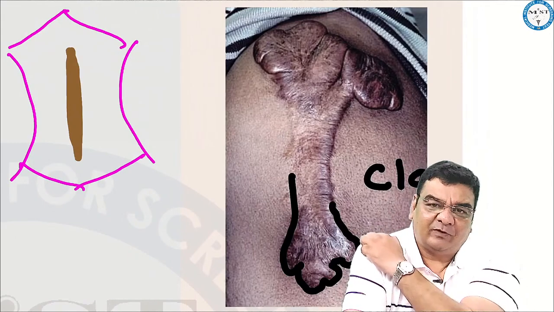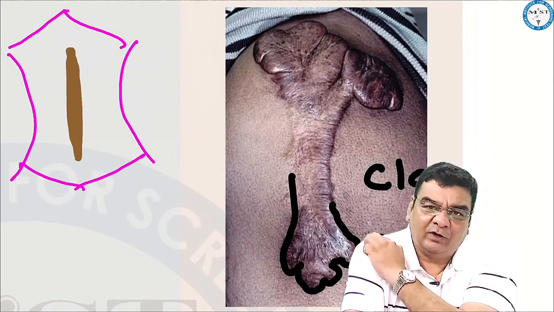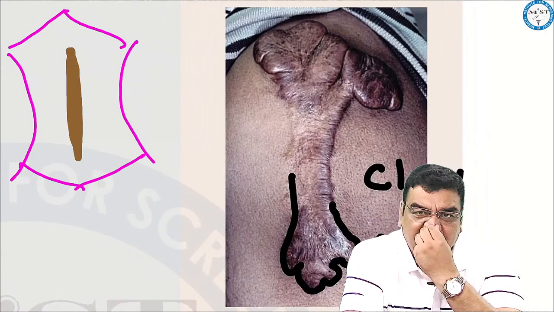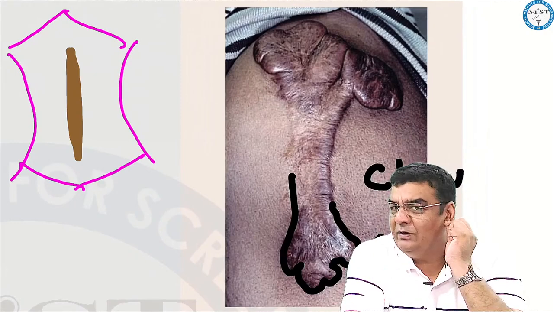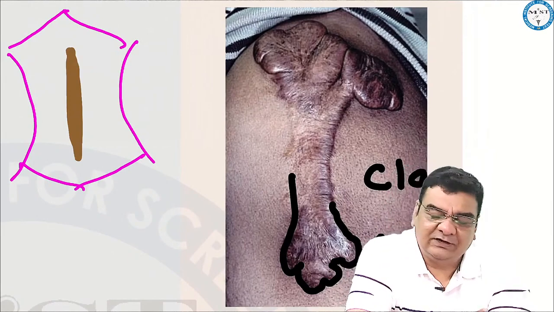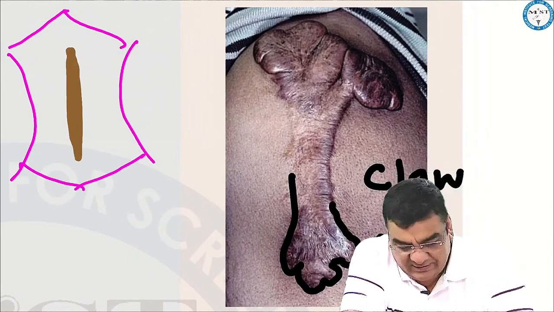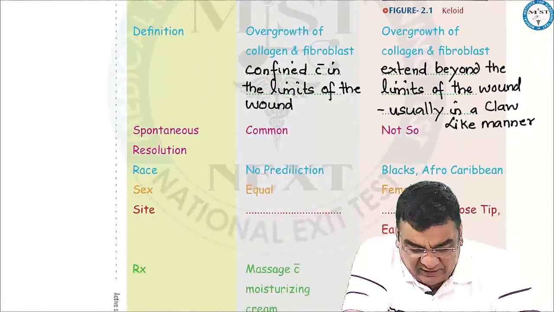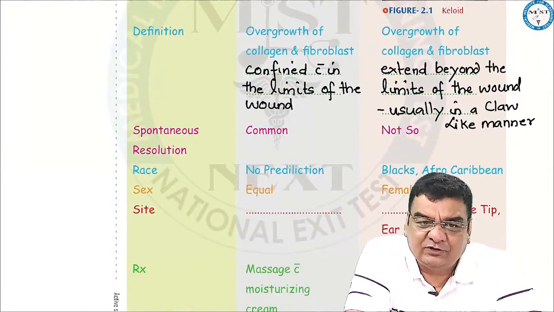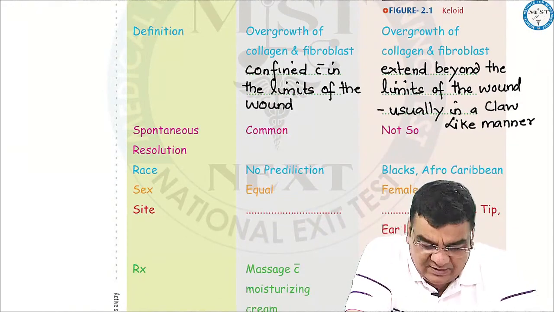If you look at the tip of the shoulder, you can feel that bony prominence, the tip of the nose, the ear lobule. These are the common sites for hypertrophic scar and keloid. Spontaneous resolution is common in hypertrophic scar.